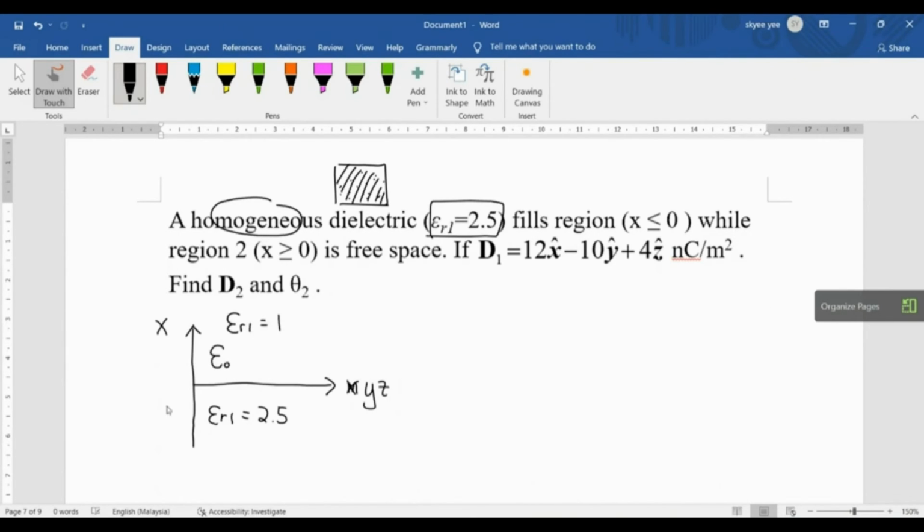That's why whenever we mention free space, we just put this one, because its dielectric constant is 1. If D1 is this, in nanocoulomb per meter squared, find D2 and also theta 2. I want you to find theta 2, the angle made with the interface.